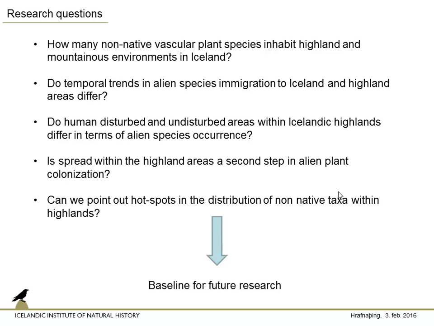Then the third question: do human disturbed and undisturbed areas within Icelandic highlands differ in terms of alien species occurrence? So in short, is there a link between human disturbance and the occurrence of alien species?